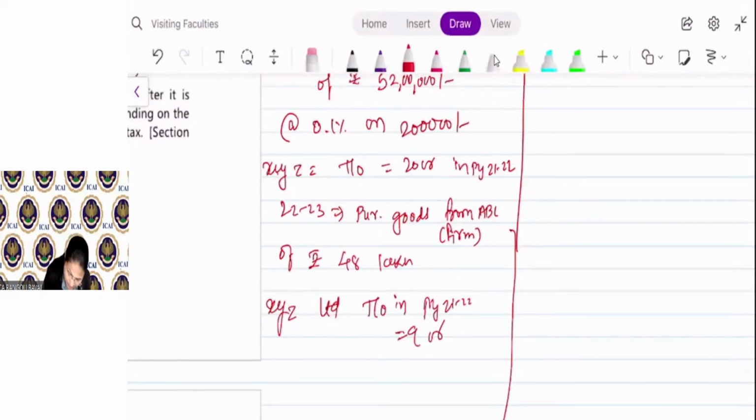In previous year 22-23, XYZ purchased goods from ABC Limited of rupees 60 lakh. Whether TDS under section 194Q is applicable, yes or no? Everyone, quickly.